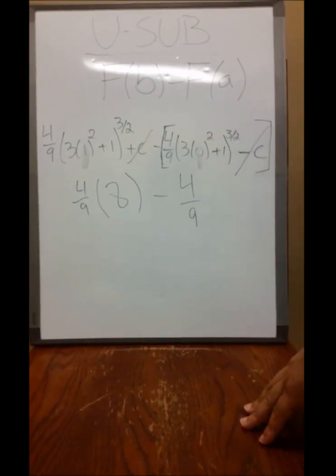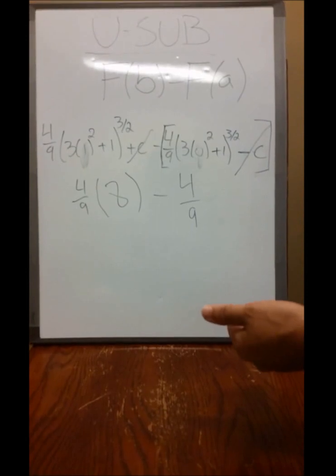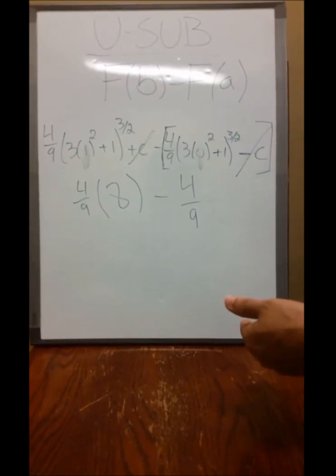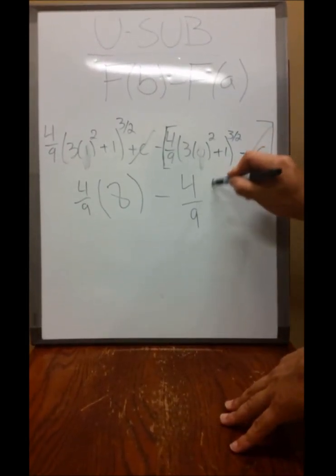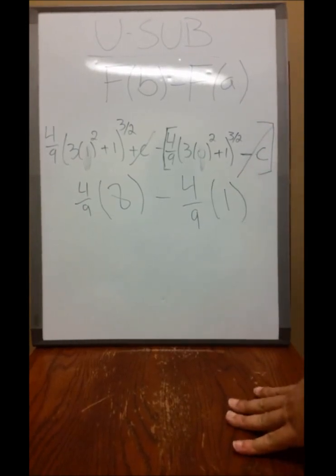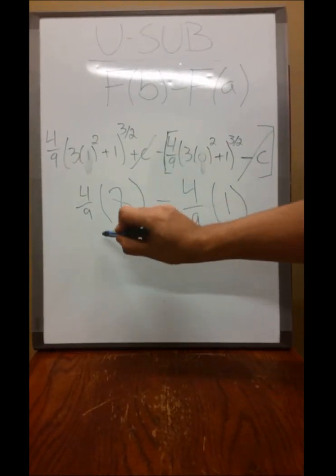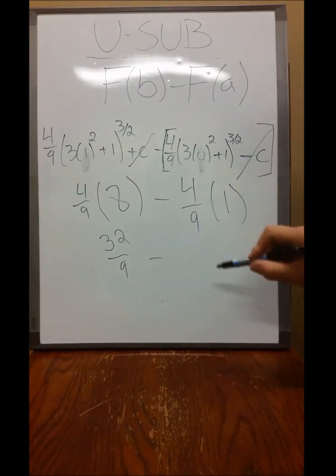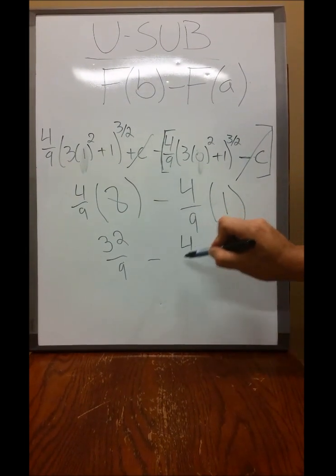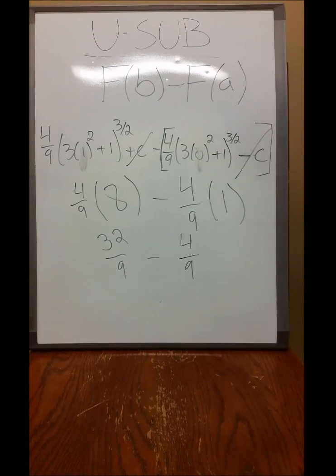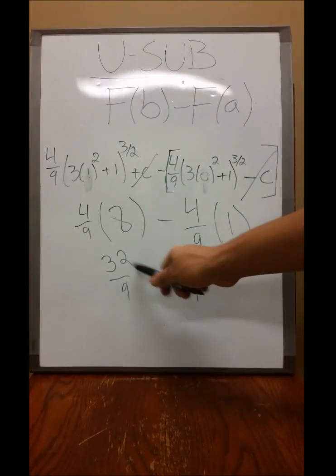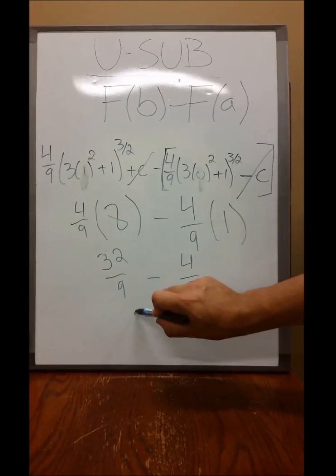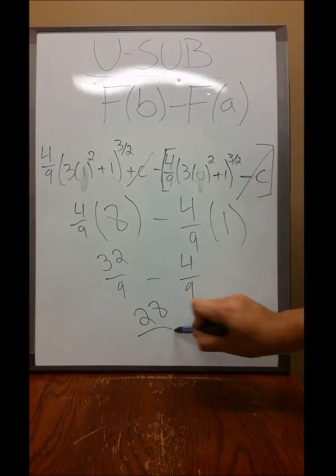Now 3 times 0 to the second is just going to be 0, plus 1 to the 3/2, which is just going to get you to the 1. When you simplify from there, you're going to get 32/9 minus 4/9. So 4/9 from 32/9 will get you the answer of 28/9.